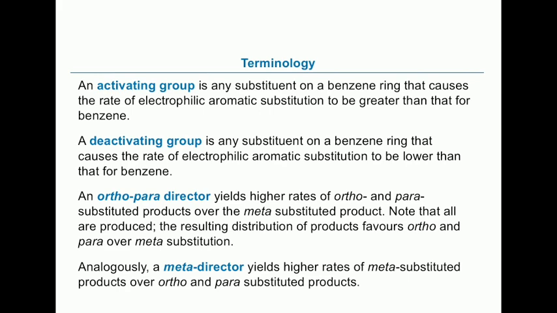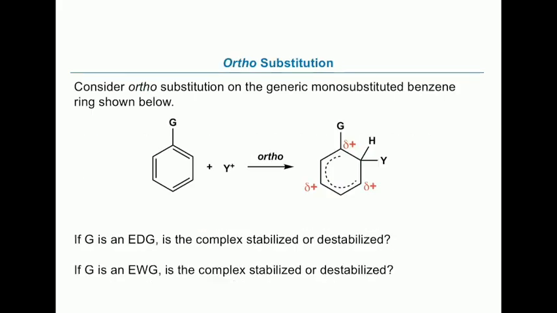So don't think of it as, well, one group is going to help meta and one group is going to help ortho-para. What you'll see as we go through the resonance diagrams, ortho-para comes from a helping action, donating electrons stabilizes ortho-para substitution, versus meta is the best option given bad choices. It's not that it's suddenly helping you to be meta.